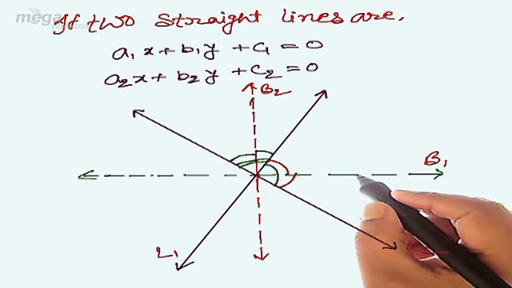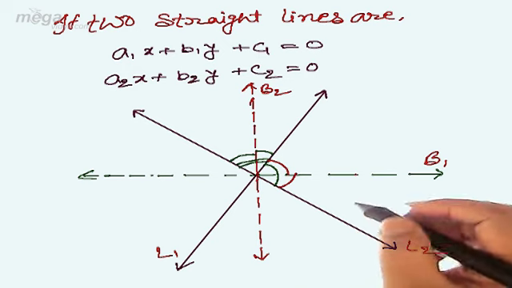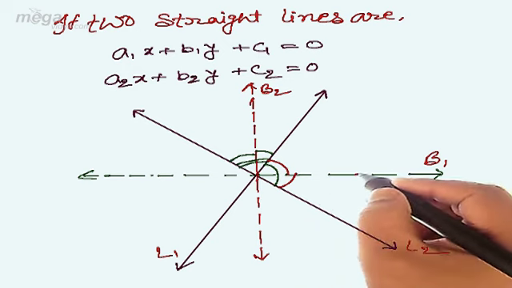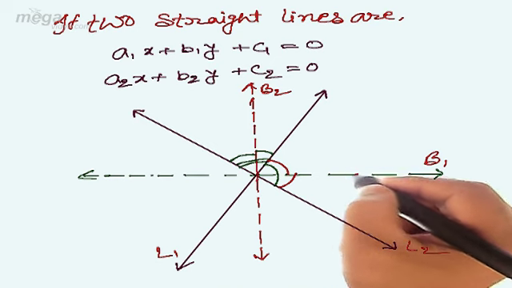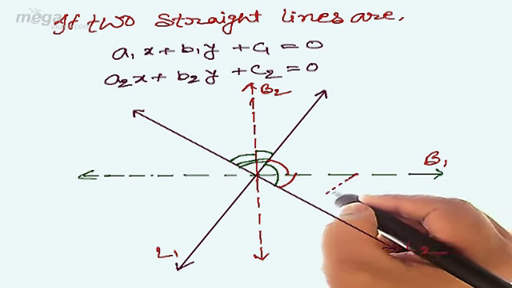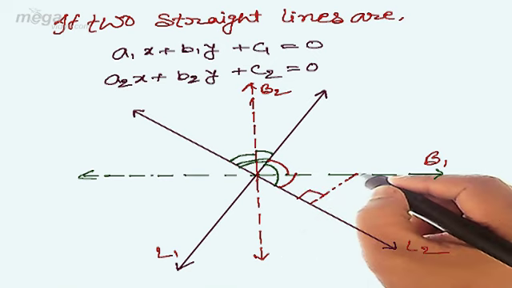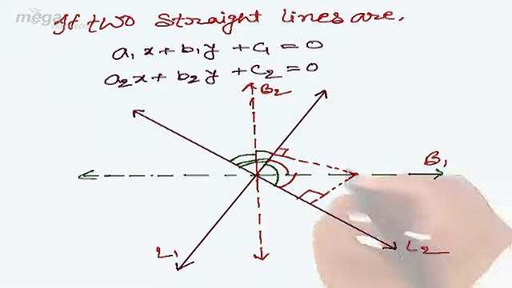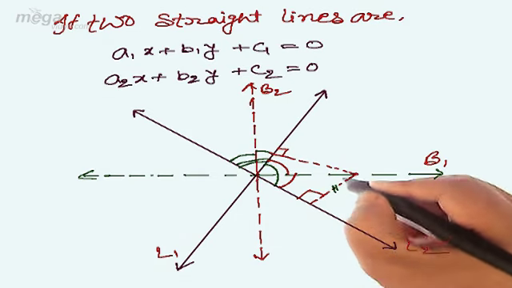Means if you take this as a point, then the distance of this point from this straight line and the distance of this point from this straight line will be equal. You can take this as a distance and this as a distance. These two distances will be the same.